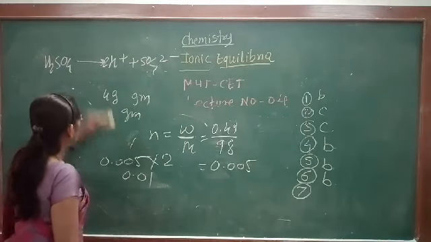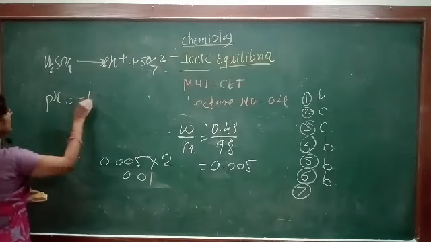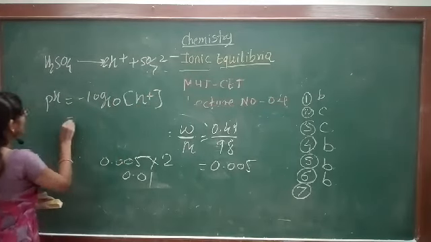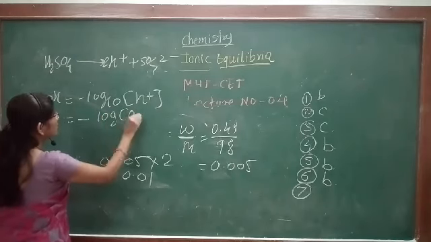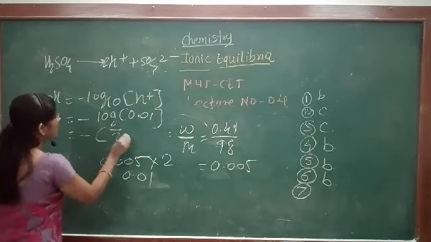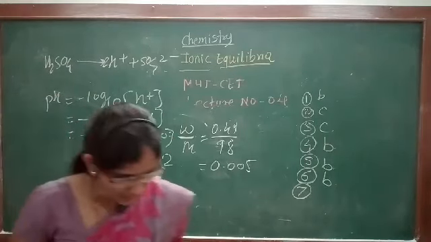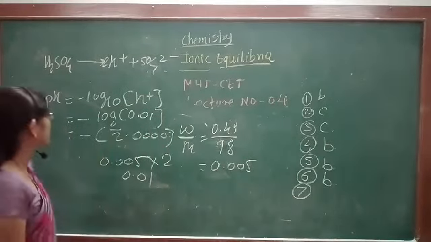Now we have to calculate the pH: negative log to the base 10 of H plus ion concentration. Negative log of 0.01 is equal to bar 2.00.